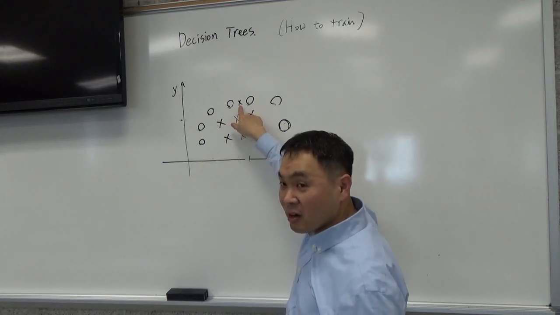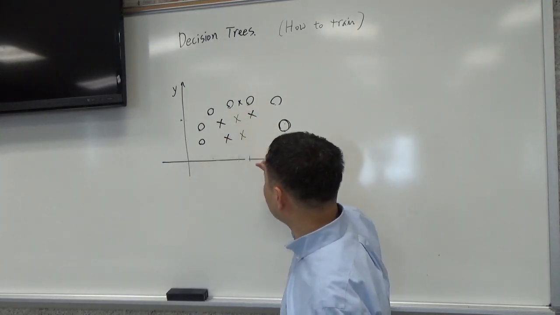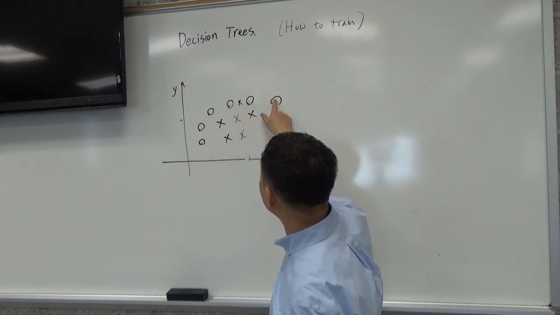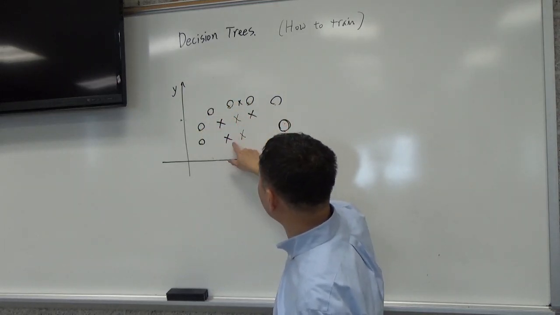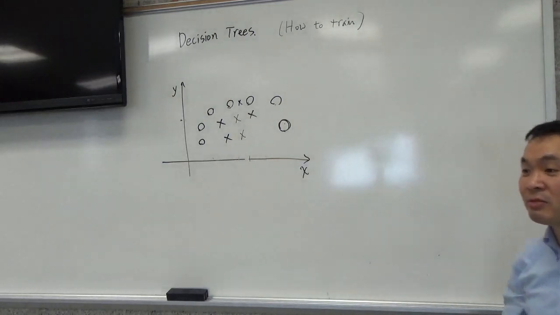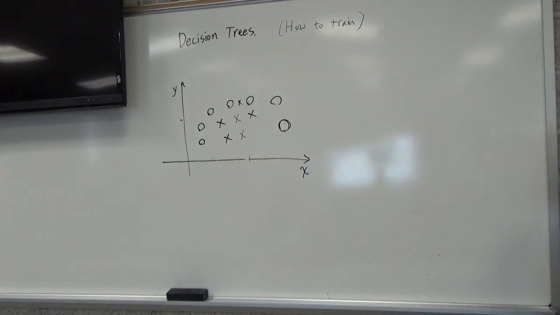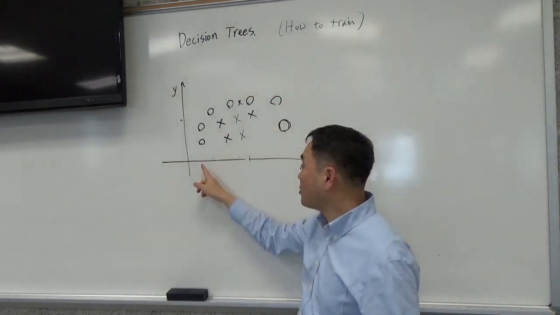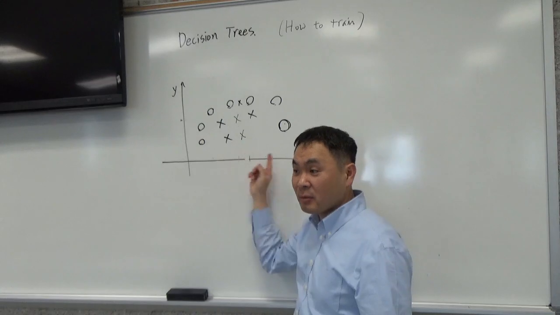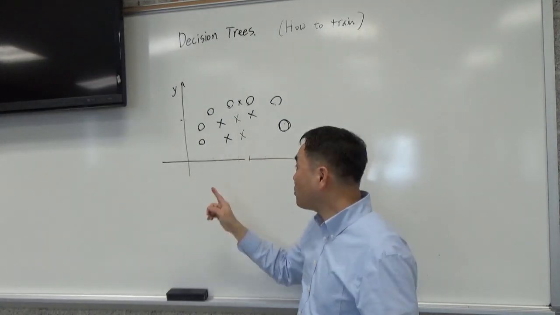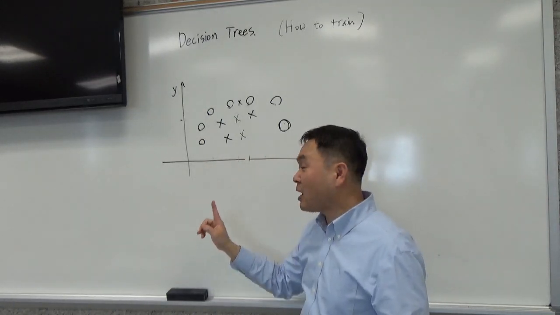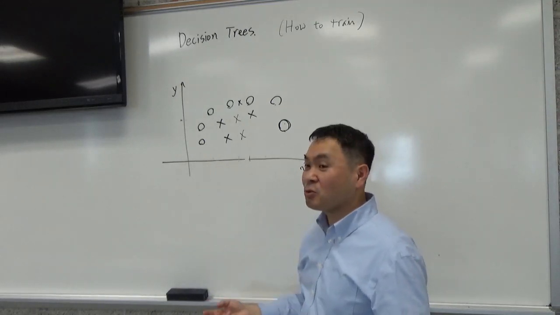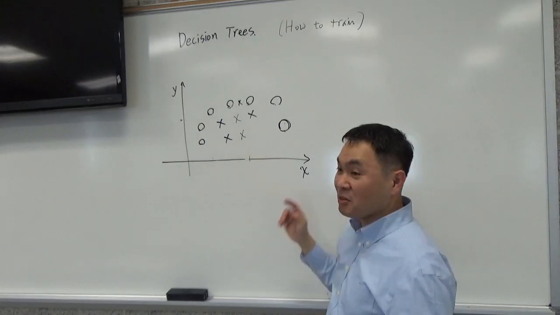You have 1, 2, 3, 4, 5, 6, 7, 8, 9, 10, 11, 12, 13. 13 data points. If you project everything down to the x, that means you have 13 values, and every point in between will be a possible place of division. So you have 12 possible points of division.